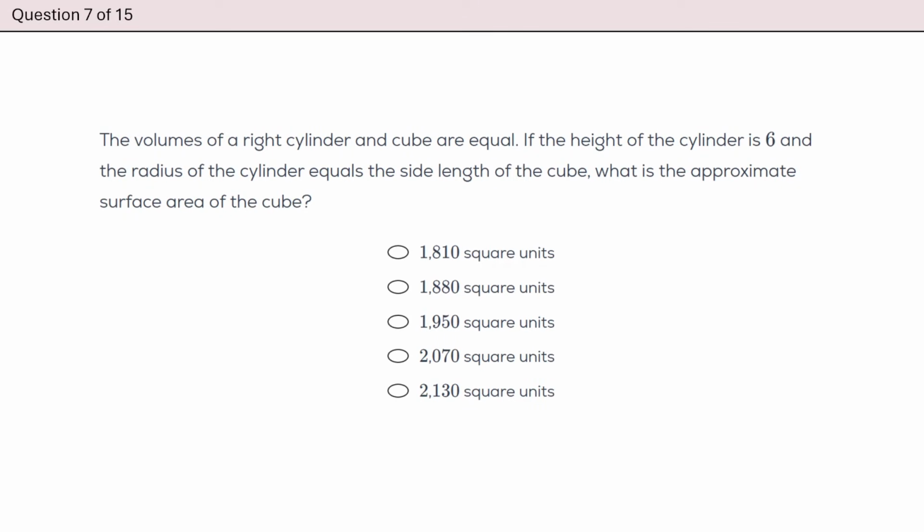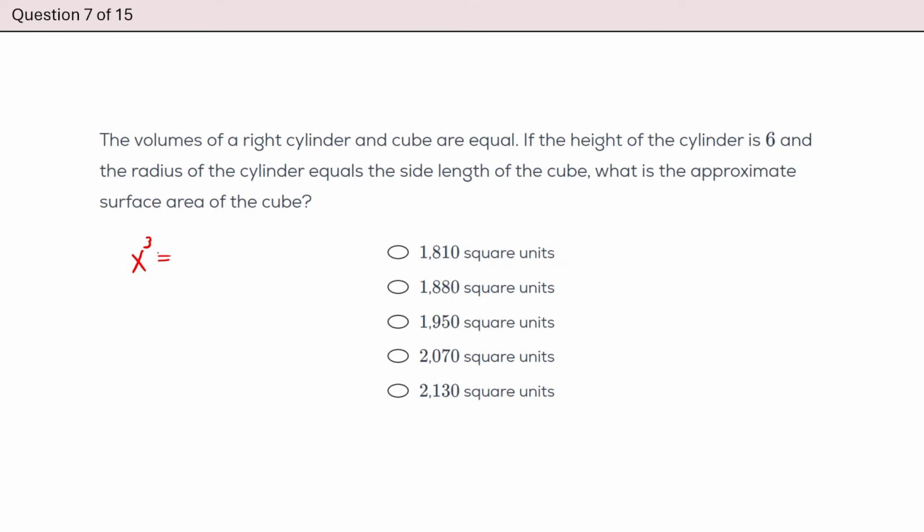The volumes of a right cylinder and cube are equal. So the strategy that I would use here is what's called piece by piece. And what I mean by that is stop. Don't move on, right? What does this mean? The volumes of a right cylinder and cube are equal. Okay, so what is the volume of a cube? If we say that the side length is x, it's going to be x cubed.